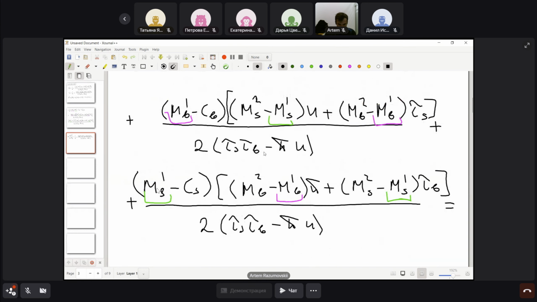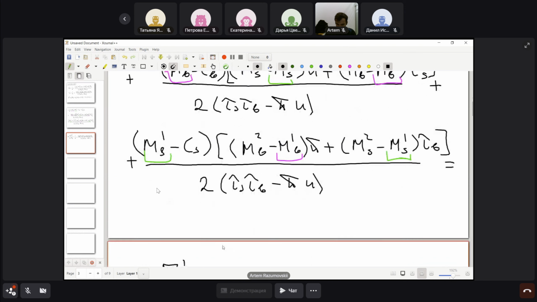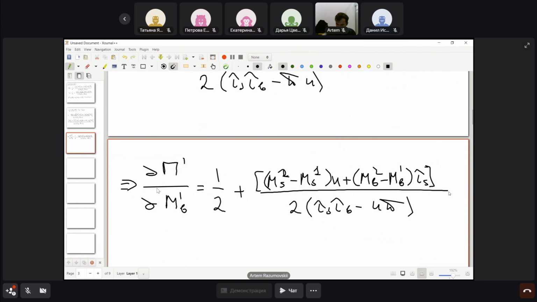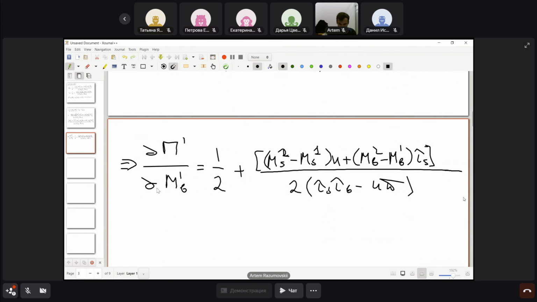Not enough space. And then we take the derivative with respect to here. Then we have minus tau s times (m buyers 1 minus c buyers). So I will put minus, then the same denominator, and tau s times (m buyers 1 minus c buyers).